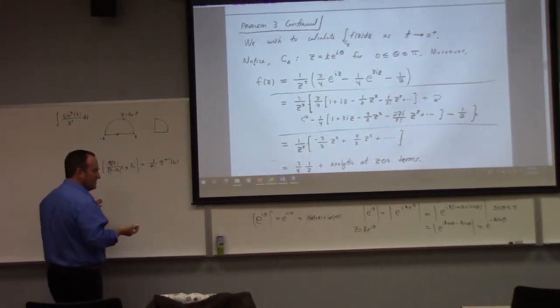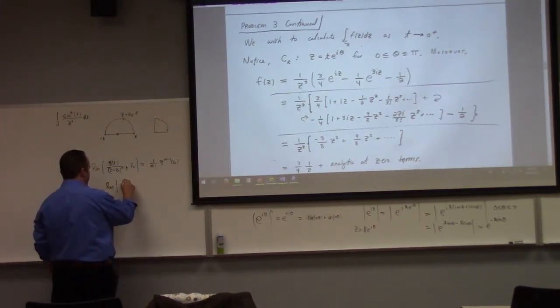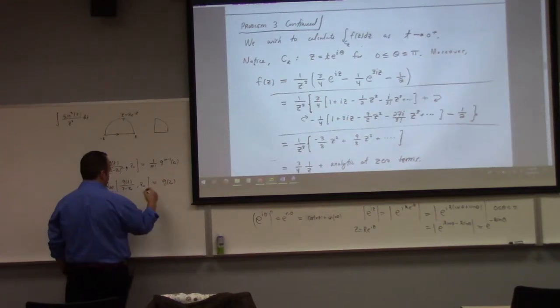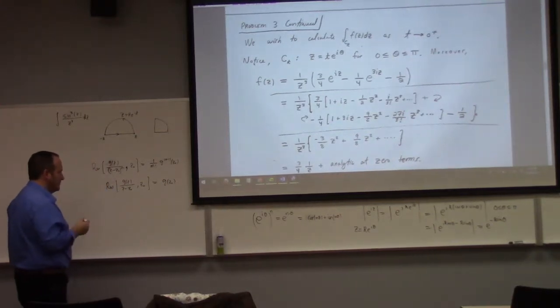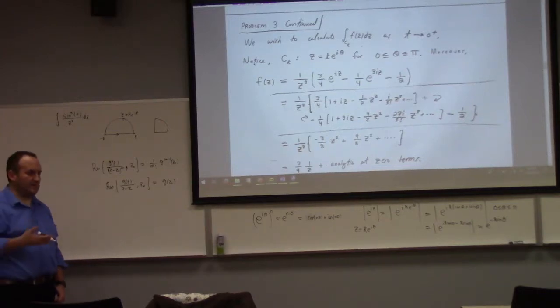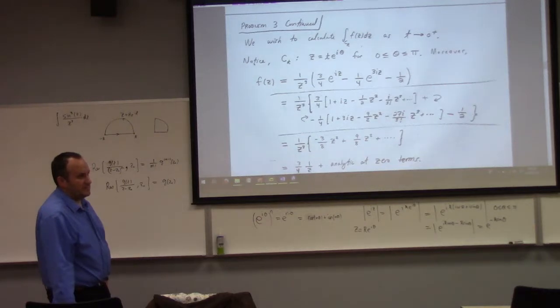Was it that? It's just that, right? Am I wrong? Assuming that g is holomorphic and doesn't have a 0. Well, even if it did. But am I wrong?